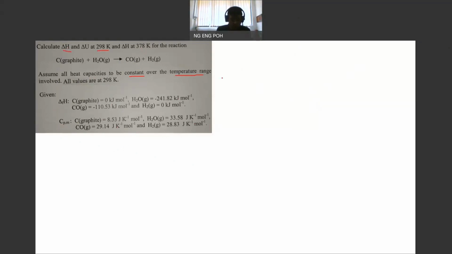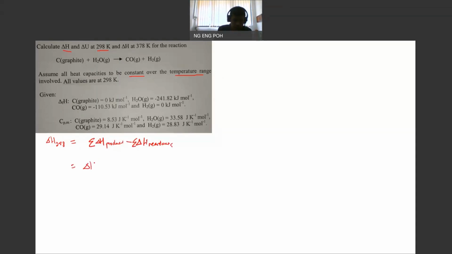So for delta H at 298 Kelvin, since you already have the delta H formation at 298 Kelvin here, what you need to do is the summation of delta H products minus the summation of delta H reactants.